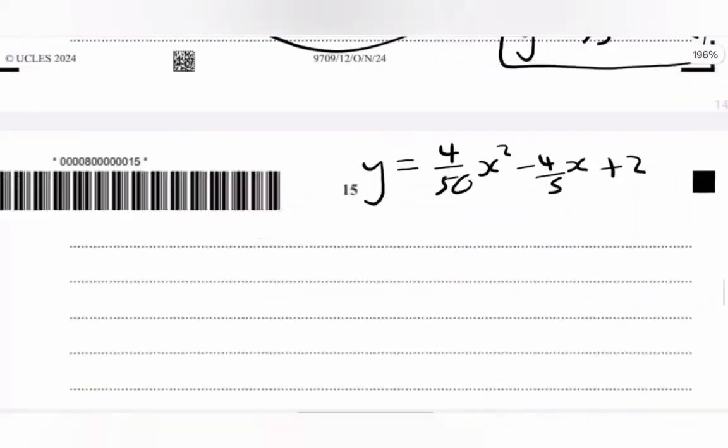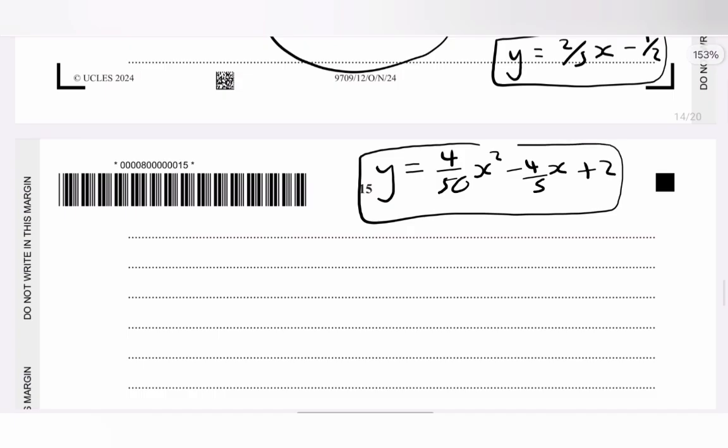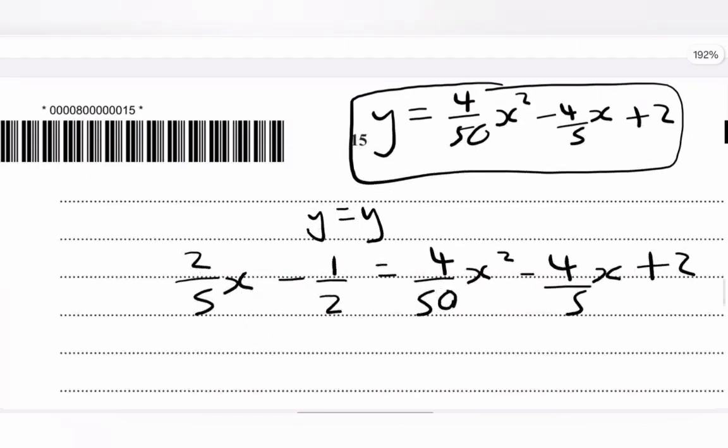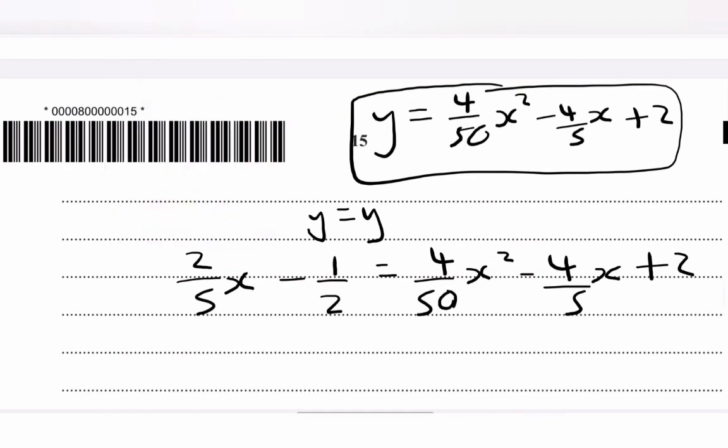like that. And we're going to try and equate these two. Since they are points of intersection, they share the same y coordinate, so at those points y is equal to y. So we can say 2 over 5x minus half is equal to 4 over 50 x squared minus 4 over 5x plus 2, like that. And to simplify this, we're going to try and multiply everything by 50.